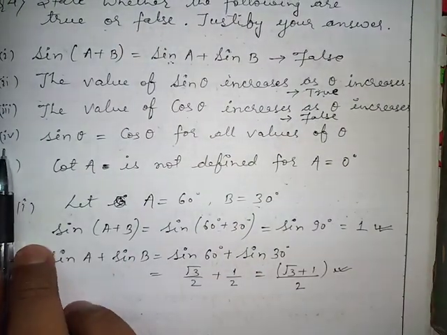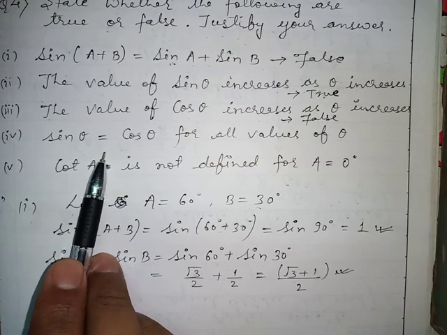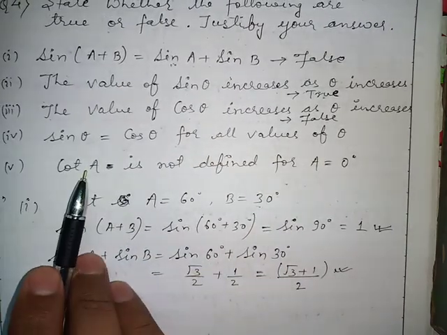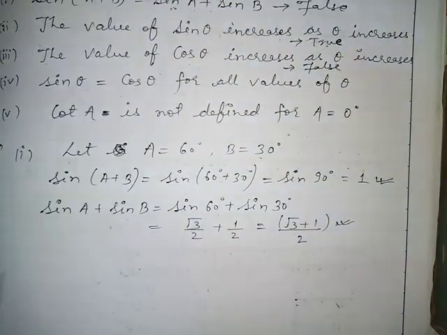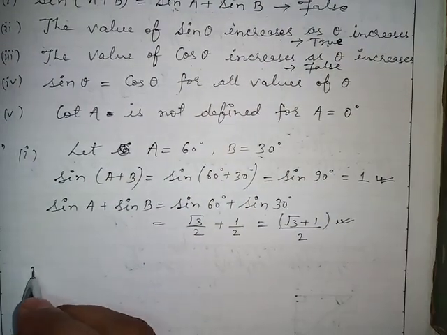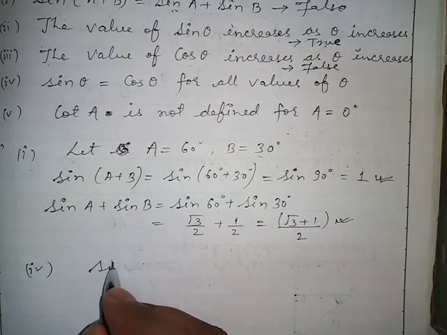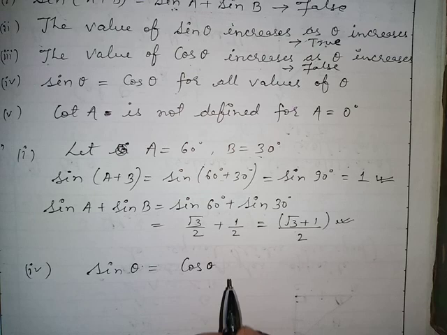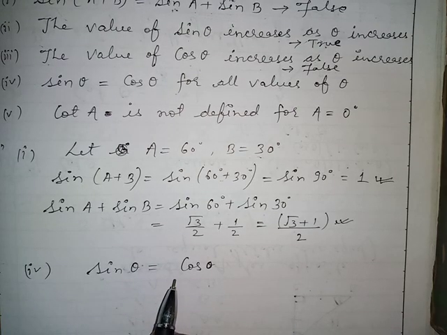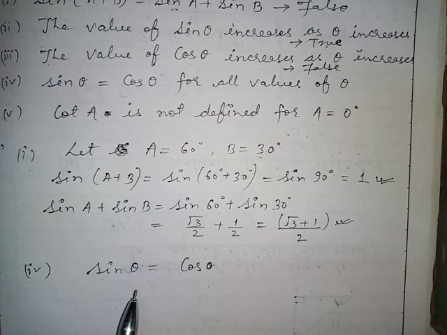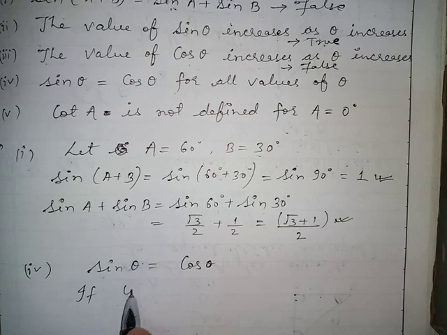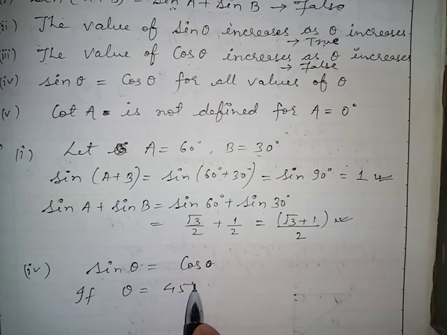Okay, see the fourth one, sine theta is equal to cos theta for all values of theta. Sine theta and cos theta will be equal only if theta is 45 degrees.